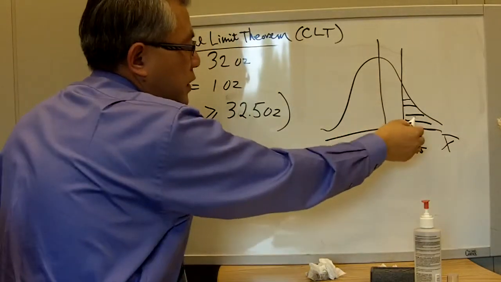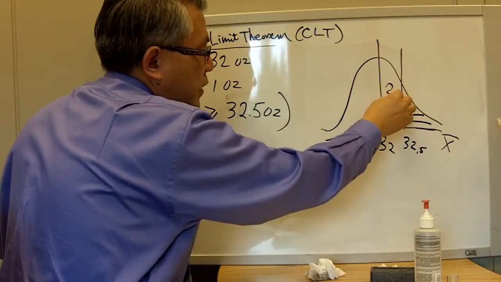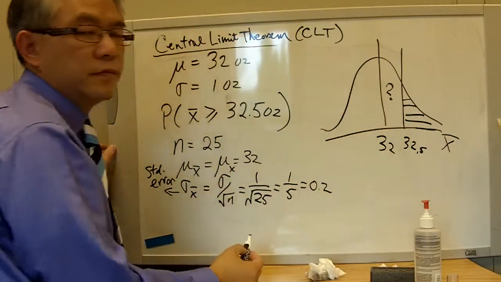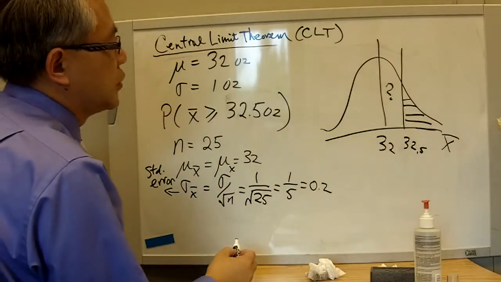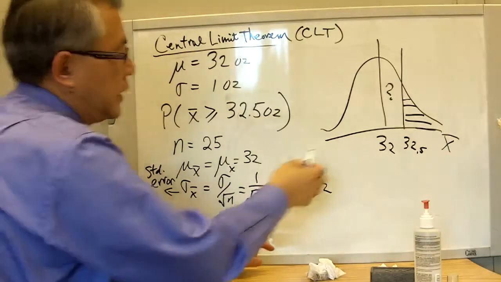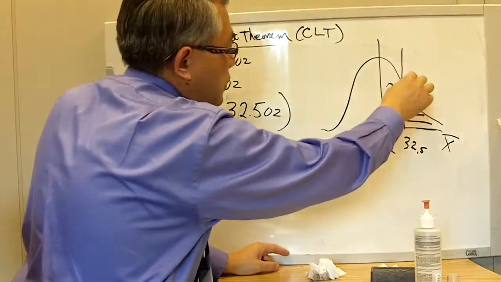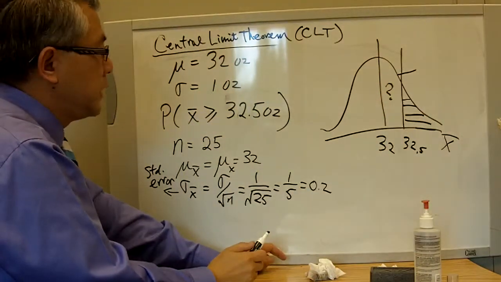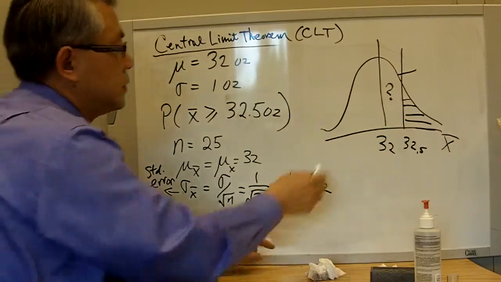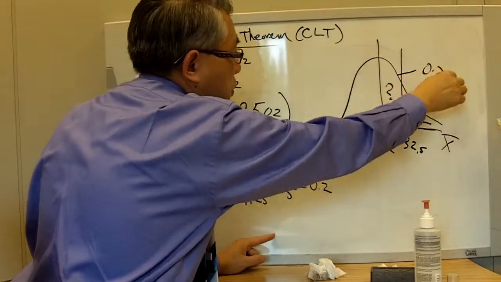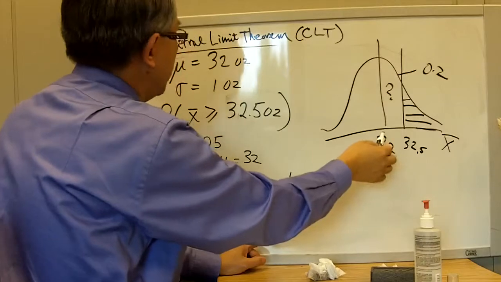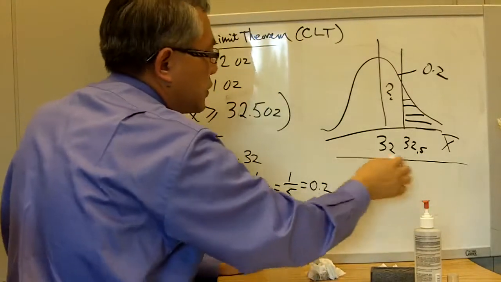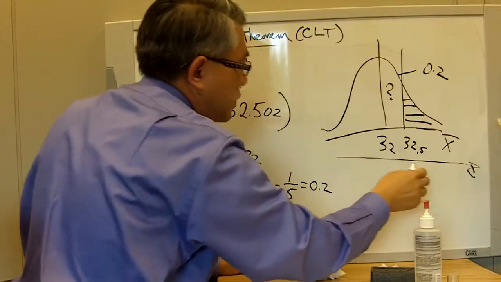For us to compute this, the best way is to find out what this piece from 32 to 32 and a half translates into. Since it is the sampling distribution of sample mean, let's add the standard error, which is 0.2 here, and then we have right here the x bar value. Let's also add the z value.